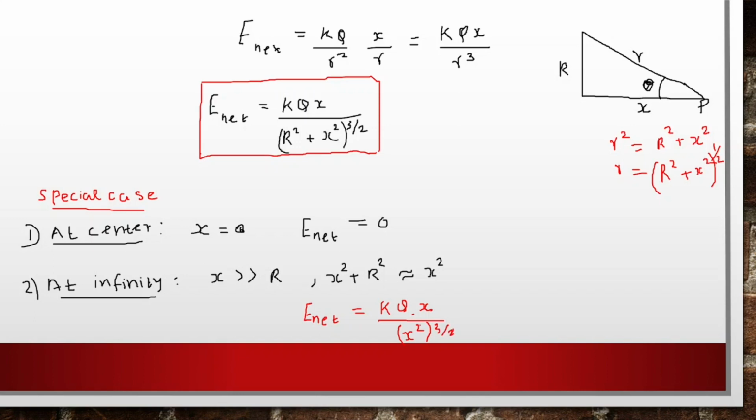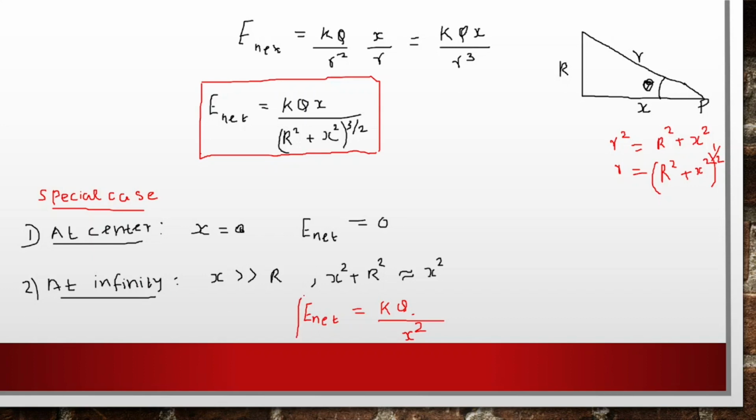This 2 and 2 cut and go, so it becomes x cube, and in x cube this 1 x and here 1 x cut and go. So the final answer becomes k q by x square. So this is the final answer for E net if the point is at infinity.